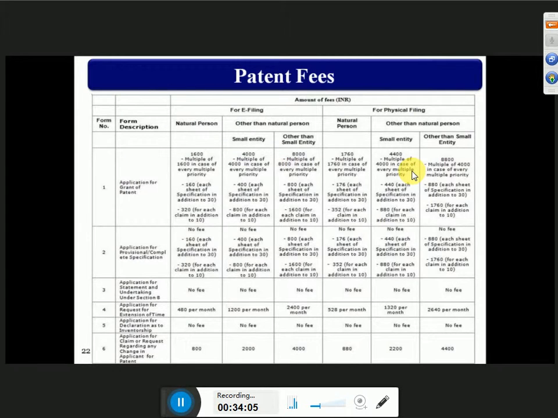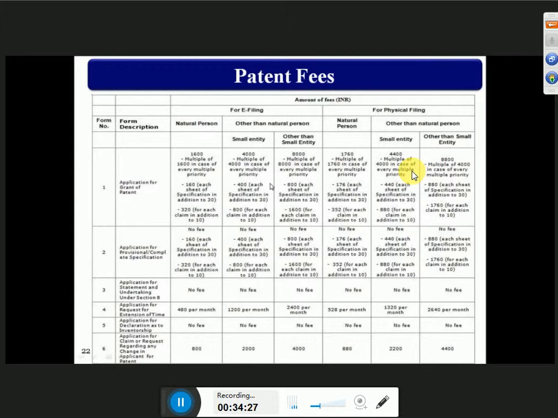So far as the patent fees are concerned, you can see the first application for the grant of a patent for a natural person. There are two kinds of filings that you can do: e-filing, and physical filing.